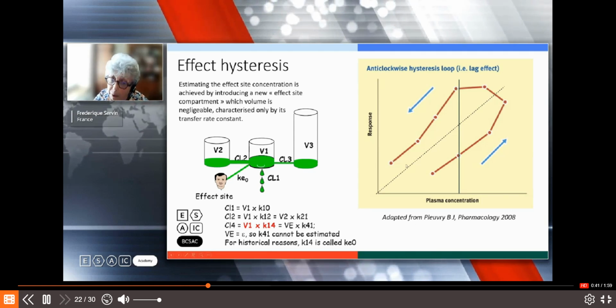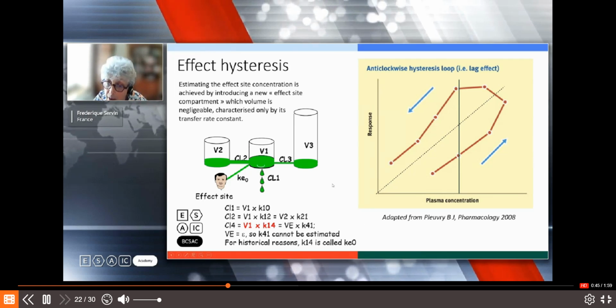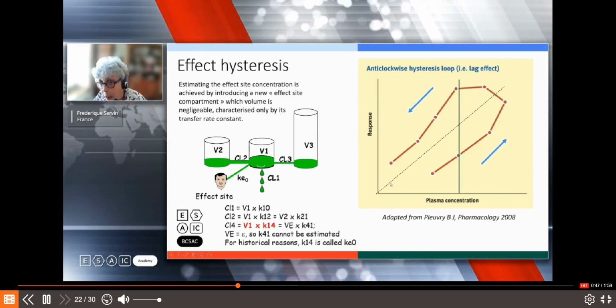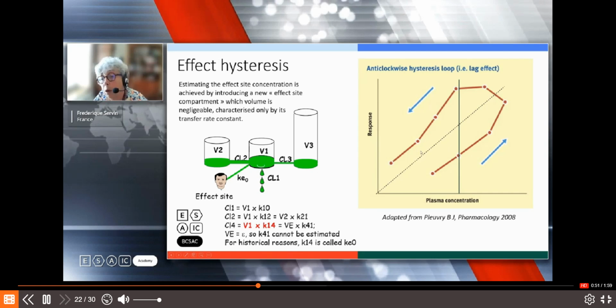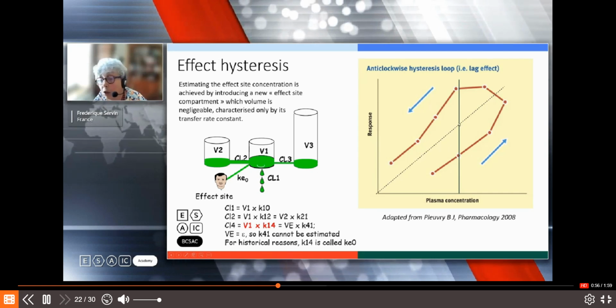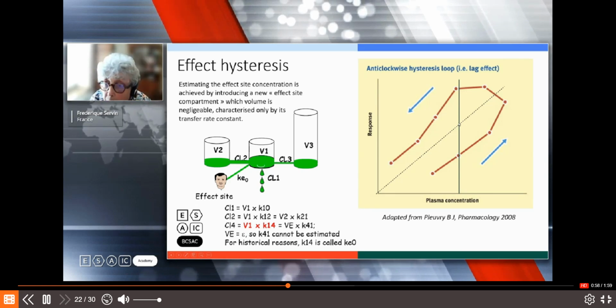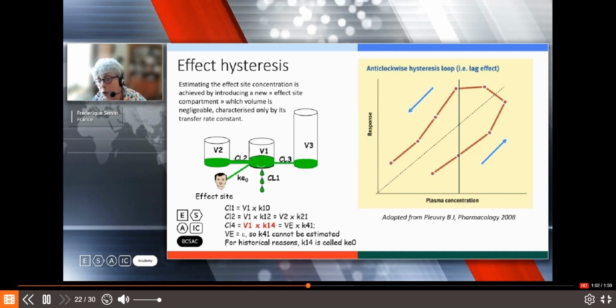And by introducing a new exponential in your model and collapsing this hysteresis loop, you can reach a value where the concentration is the same going up and going down, and this is called the effect site concentration.